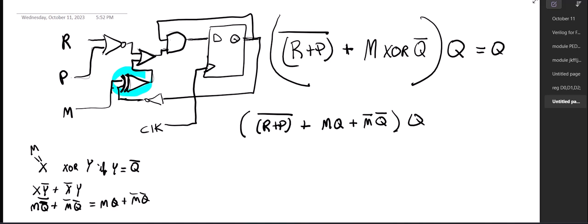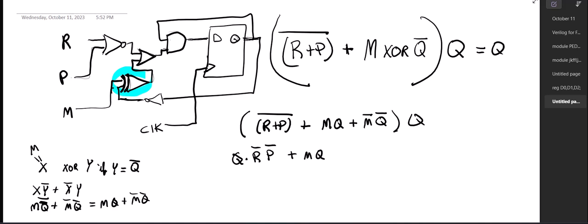And let's see, what does that give us? So I could say that is Q ANDed with (R or P) not. I'm going to go ahead and use De Morgan's law on that and say that's the same as R bar ANDed with P bar, or M, and then I'm multiplying this Q through.